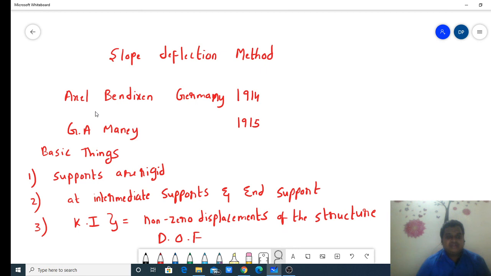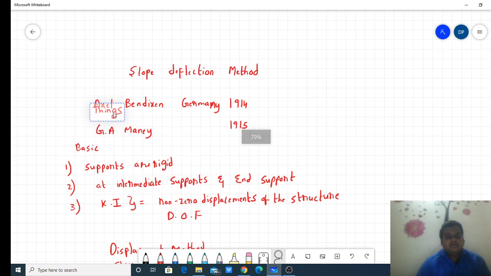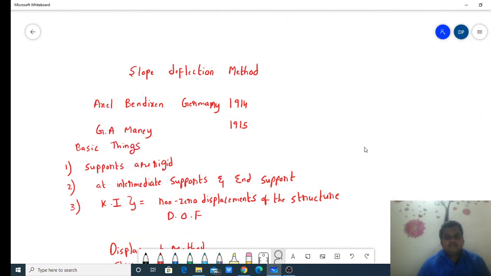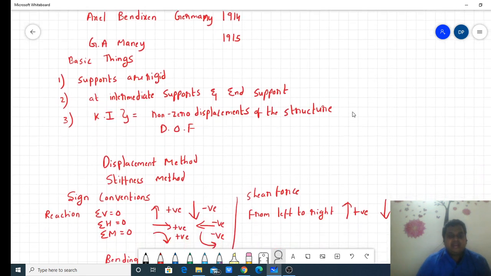The forefathers are Alex Bandigzin from Germany and G.A. Manne, and it has existed since 1915. The basic thing you need to remember is that the supports are always rigid, and you need to consider the equilibrium conditions at intermediate supports and end supports.